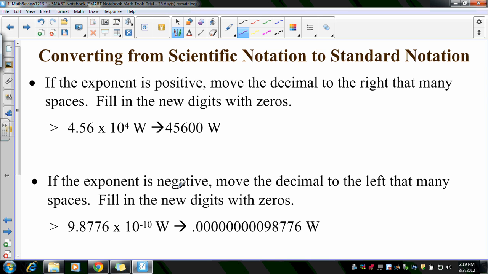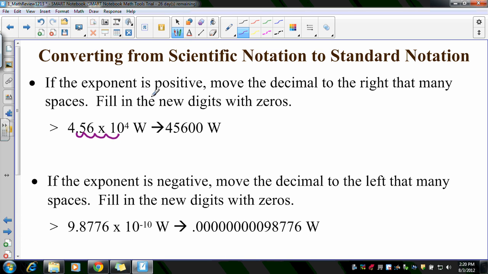So converting from scientific to standard, we're going to do the exact opposite of what we just did. Kind of like in algebra, right? If you want to undo something, you have to do the opposite. So here, since it's a positive number in our scientific notation, we're going to make this number bigger. So we're going to move the decimal spot to the right 4 places. 1, 2, 3, 4.